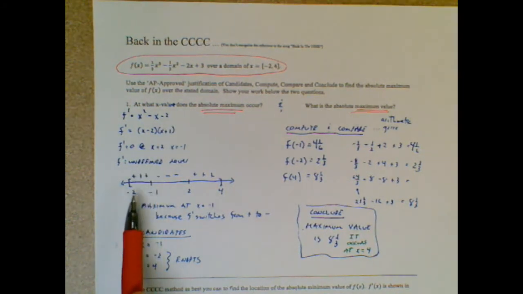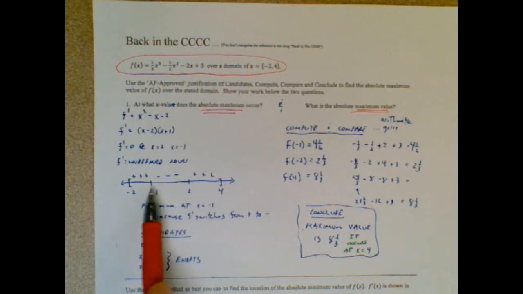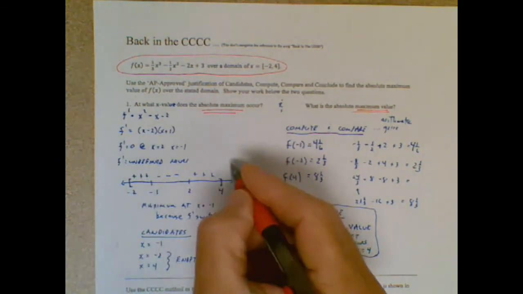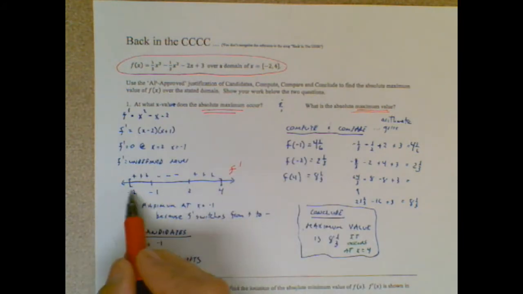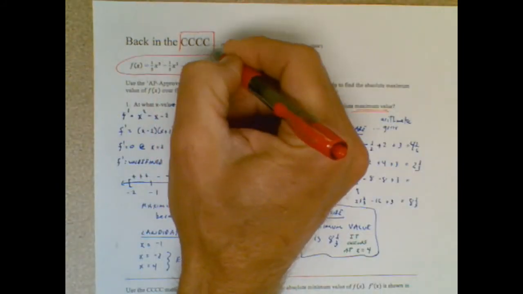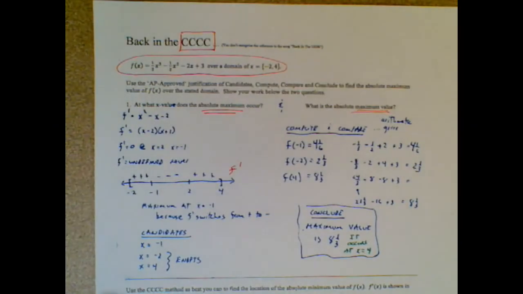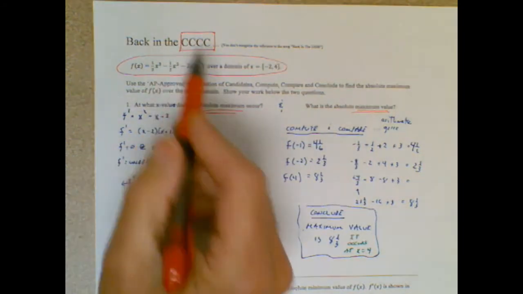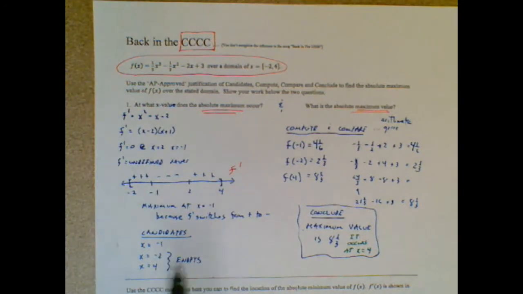I'm going to assume you're up to date on the curve sketching part. You would build your first derivative number line using critical values and endpoints. But the purpose of this video is to remind you what the CCCC stands for from the AP's justification point of view. The first C stands for candidates.